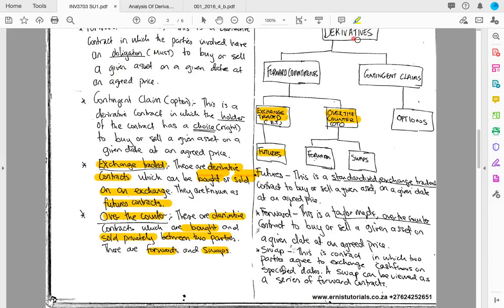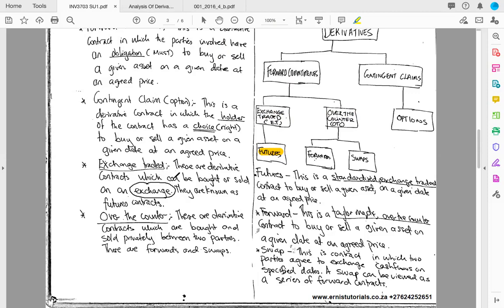So let's talk about this distinction just for a moment before I go on too fast. When we talk about forward commitments, there are forward commitments which can be bought or sold on an exchange, right? Meaning that if you want to buy shares or any other asset in the future, you can enter into a derivative contract to buy or sell the shares or any other asset anytime in the future through an exchange, like through the Johannesburg Stock Exchange, for example, right?